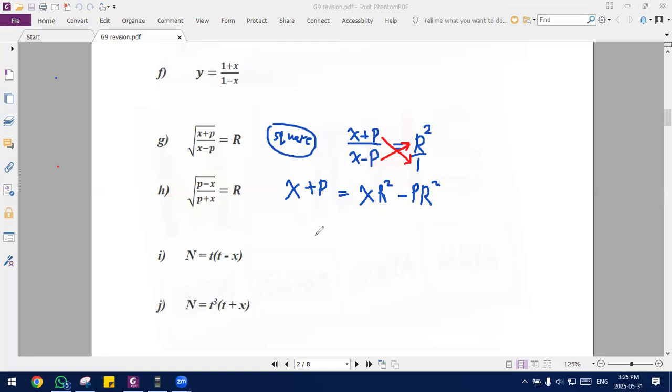Next, you move the x. Which one should I move, this one or that one? Because they should be on one side. Move the x to the other side.